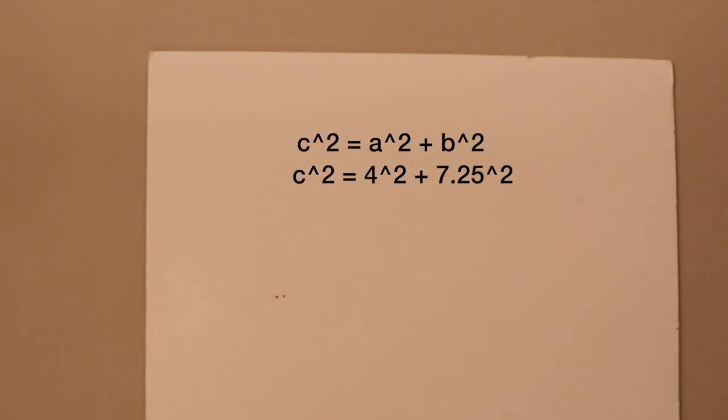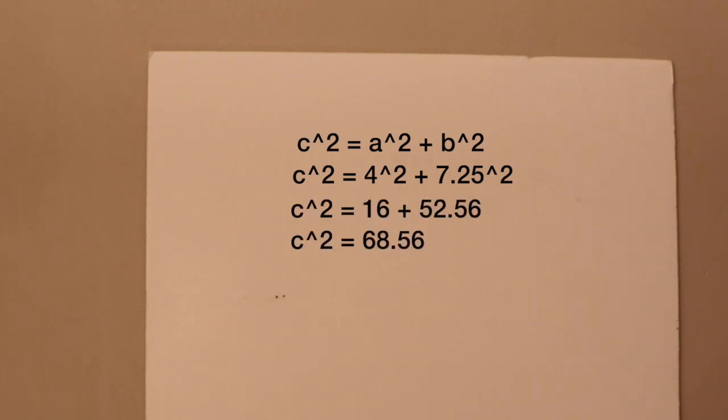All right, so we know 4 squared is 16, right? And then if we add that to 7.25 squared, which is 52.56, we get 68.56. We take the square root of that, and we should get about 8.28 or 8.3. So let's see.